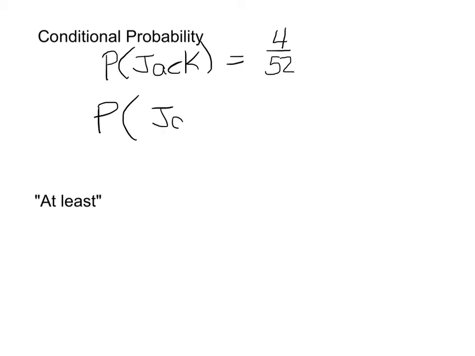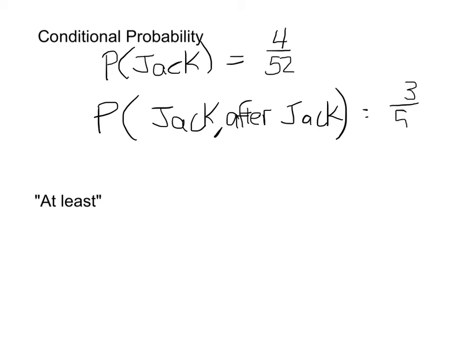So what is conditional probability? Well, we just kind of talked about it. If we refer to conditional probability, it's the probability of something occurring after we know the outcome of the other events. For example, if I want to look at the probability of selecting a jack from a deck of cards, we know that probability is 4 out of 52. But if I want to select a jack after a jack has already been selected, in this particular case, there's only 3 jacks in the deck and there's only 51 cards.